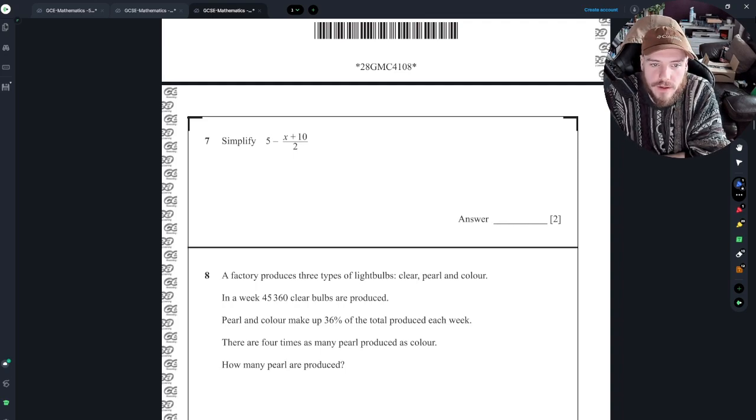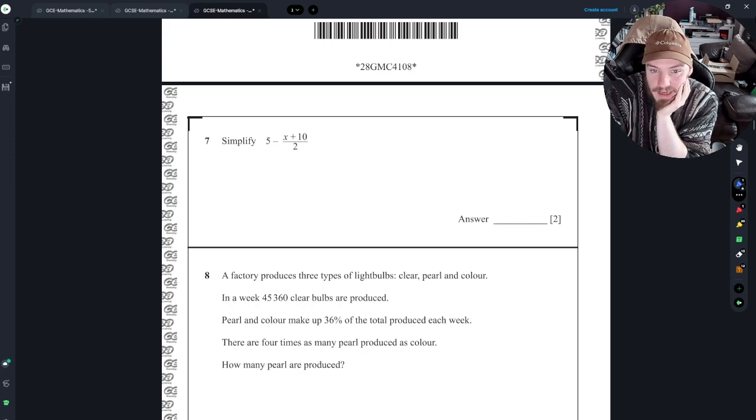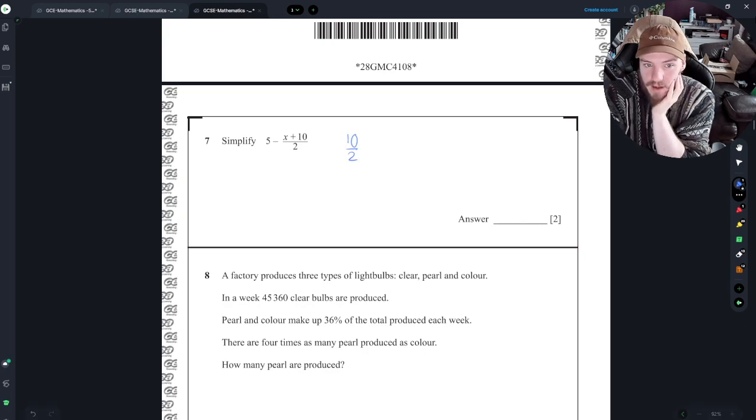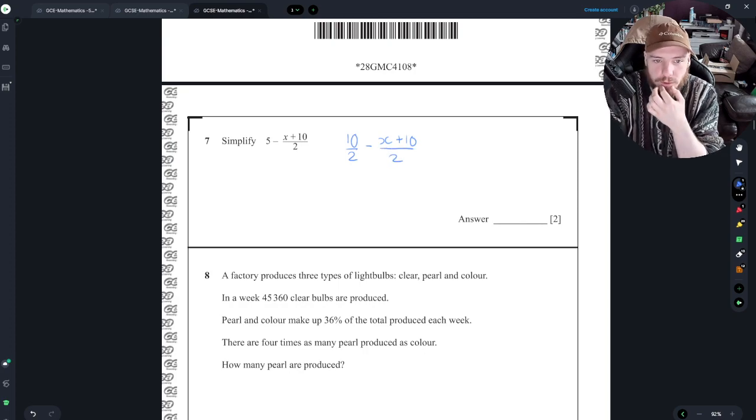Okay, so when I see this, or when I see any fraction and we see a negative, we want to have the same denominator. Okay, so what divided by 2 would give us 5? Okay, 10. Okay, 10 divided by 2, that would give us 5. So it's just turning our 5 into a fraction, and now we're able to work with our beautiful algebraic fraction.